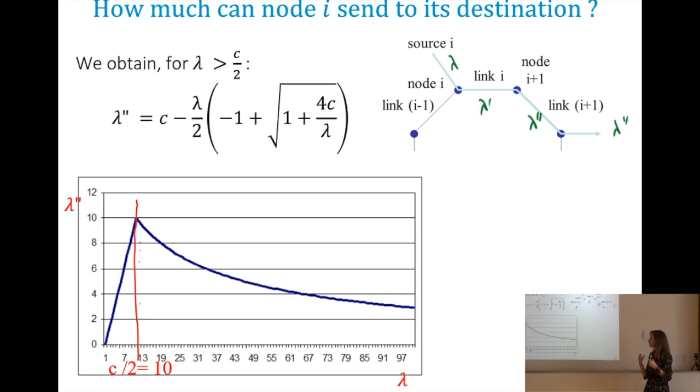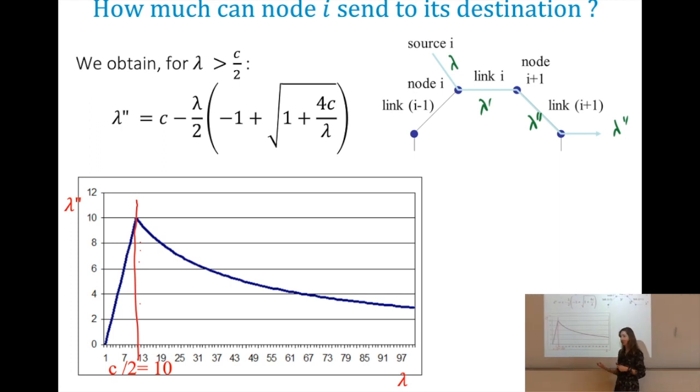And if so, we try to plot this lambda second as a function of lambda. This is lambda, the initial bit rate at which we send, and this is lambda second, the bit rate at which we can receive. The receiving bit rate grows until we reach this threshold of C over 2, and then if we go above that, it will decrease.